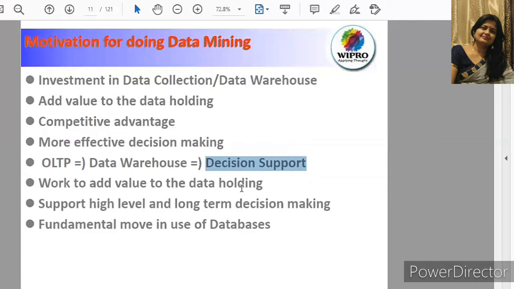In the backup, the database systems use RAID levels. You can go through my YouTube video on RAID levels, that is redundant array of independent disks, which is used for backing up your data to maintain reliability in case of power failure or system crashes.